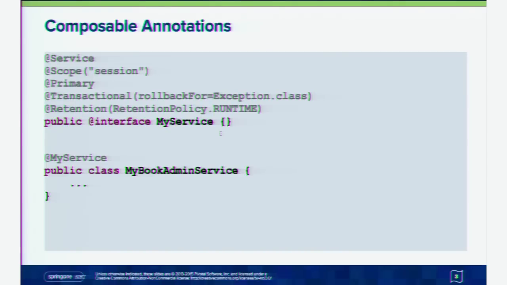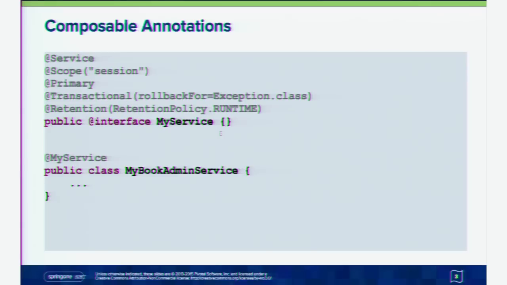So it's a custom MyService annotation, meta-annotated with Spring's standard @Service, suggesting a default scope of session, suggesting a primary role. In case of several type matches, this one would be preferred, and even a default transactional rule. So this MyService actually expresses quite a bit of stuff in just one combined annotation.